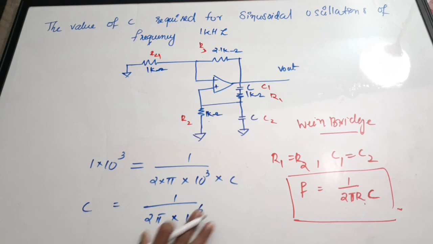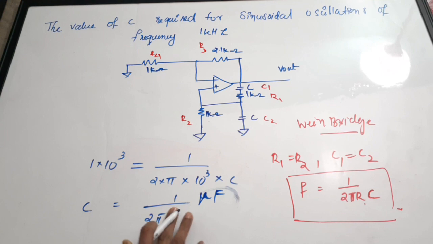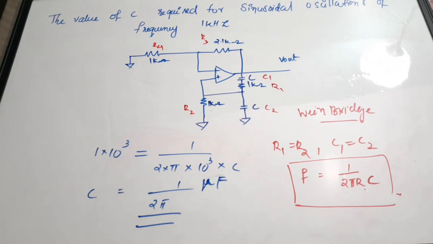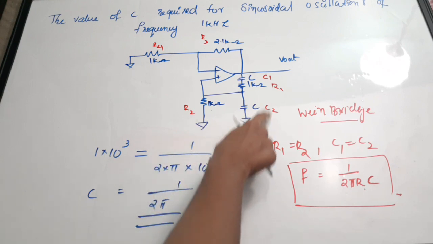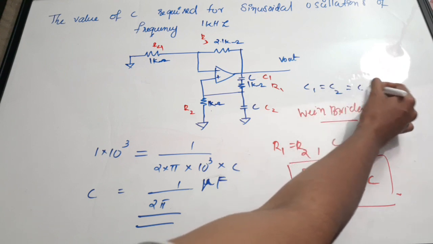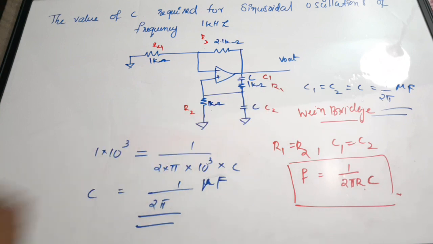You can take this as 10 raised to minus 6 in the numerator, or put it as microfarads. The value obtained is 1 by 2 pi microfarad. So C1 equal to C2 equal to C is equal to 1 by 2 pi microfarads. This is the answer.